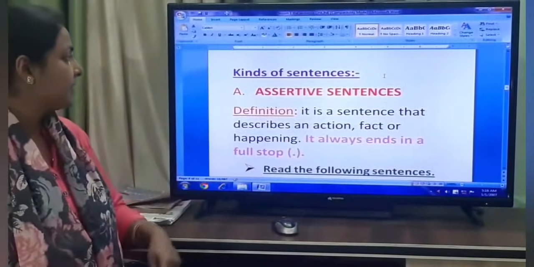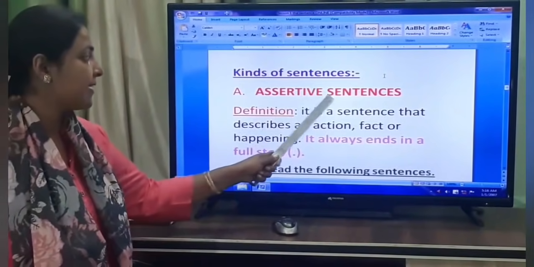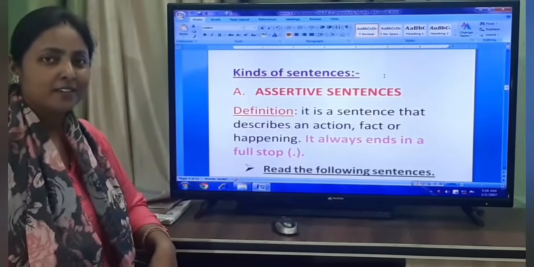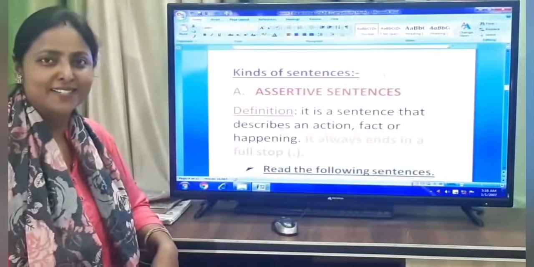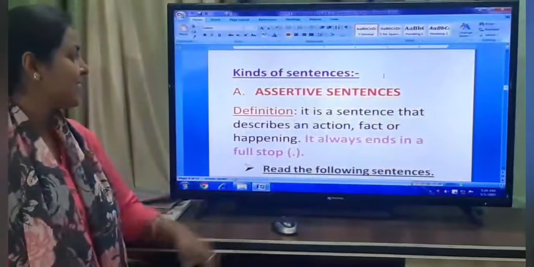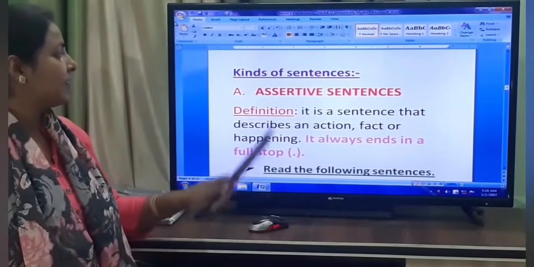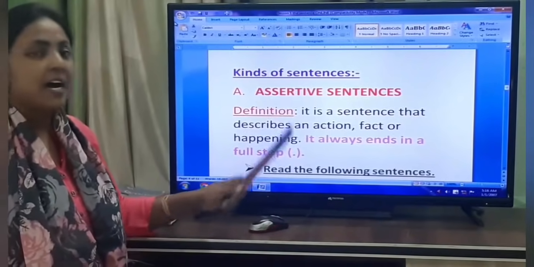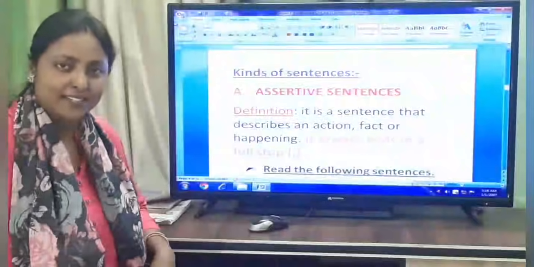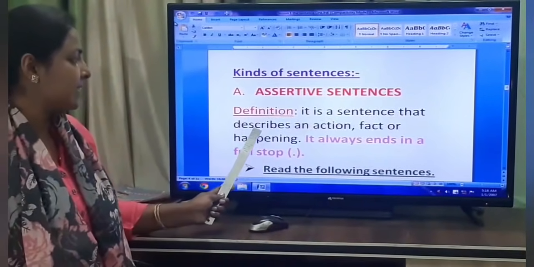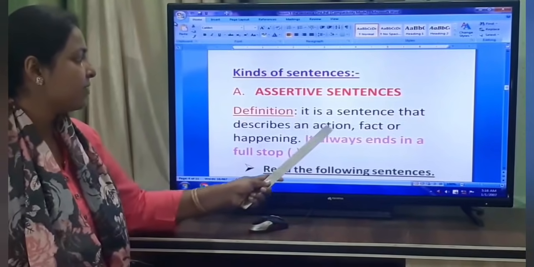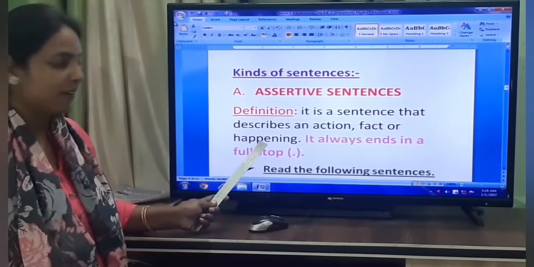Number A, assertive sentence. What do you mean by assertive sentence? The definition of an assertive sentence is, it is a sentence that describes an action, fact or happening.